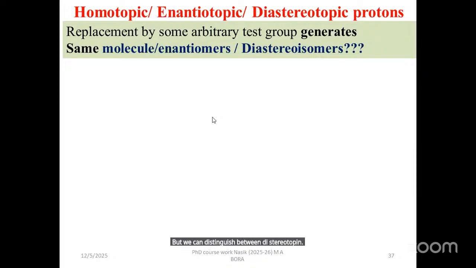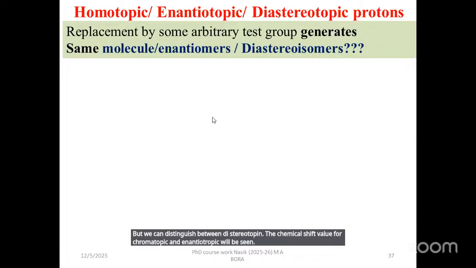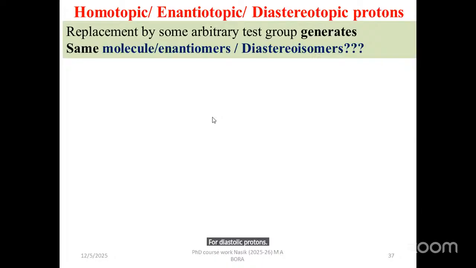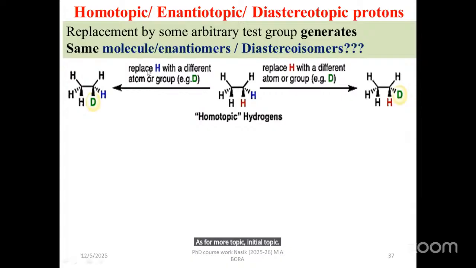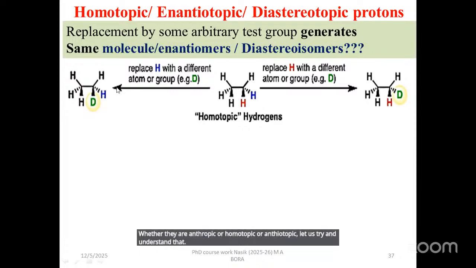The chemical shift value for homotopic and enantiotopic will be the same, but for diastereotopic protons it will be different. Let's see how I find out whether the protons are related to each other as homotopic, enantiotopic, or diastereotopic. Let us try and understand the procedure. Say you have a molecule over here.